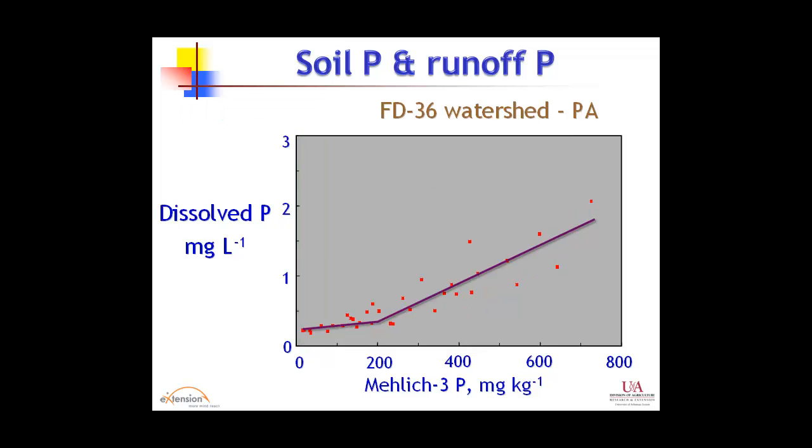But what it did show is that we could split this into two separate lines. Not everybody sees this, but generally there's an inflection point where the curve starts to get a bit steeper, and it helps us define a level above which the potential for phosphorus to be released and remobilized from the soil is greater than below it.